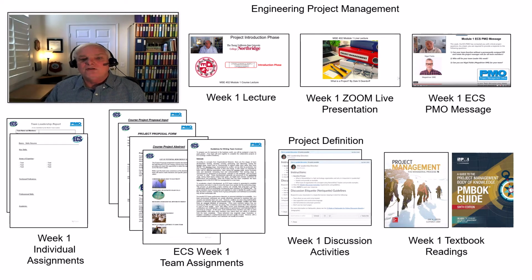Now, there's 2 other things that I want to talk to you about. One is going to be the team assignments, and those are all going to be ECS based. ECS being the Energy Consulting Services company that we've got for you, that you're working for out of Seattle, Washington. The first area you're going to see is going to be based upon a proposal.